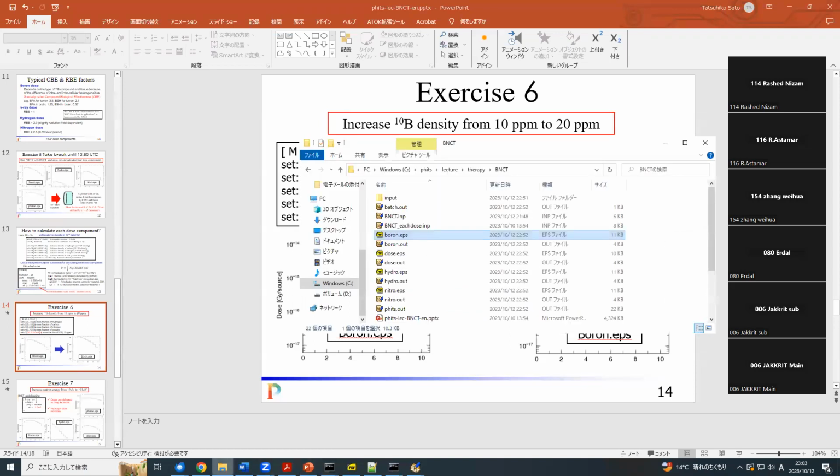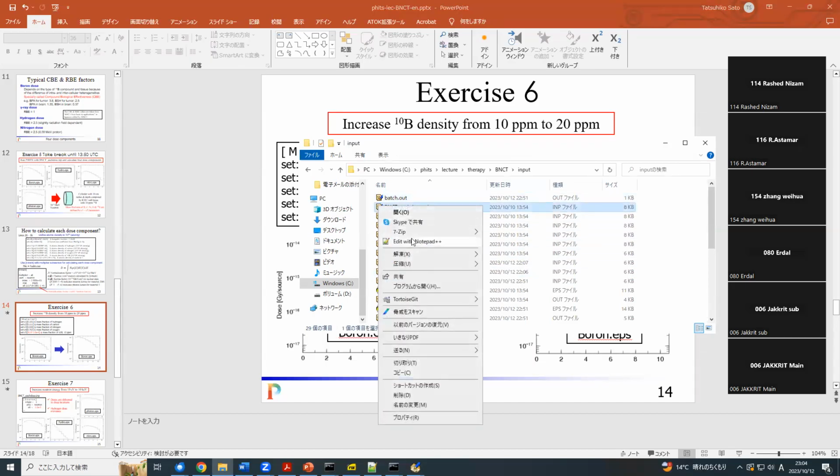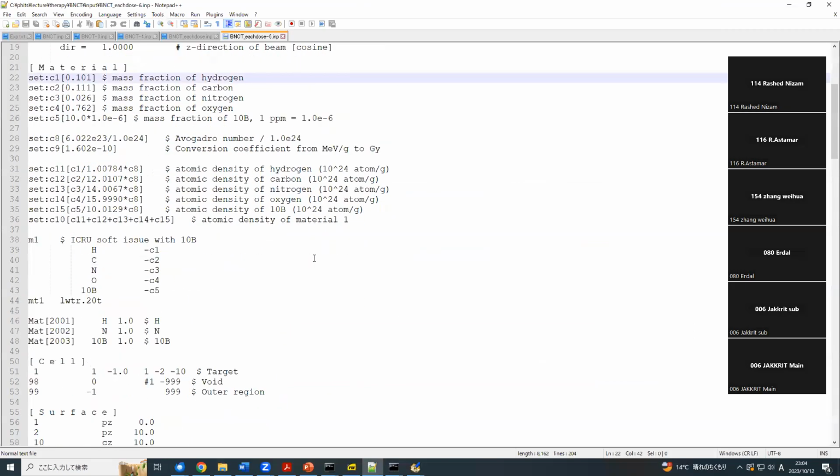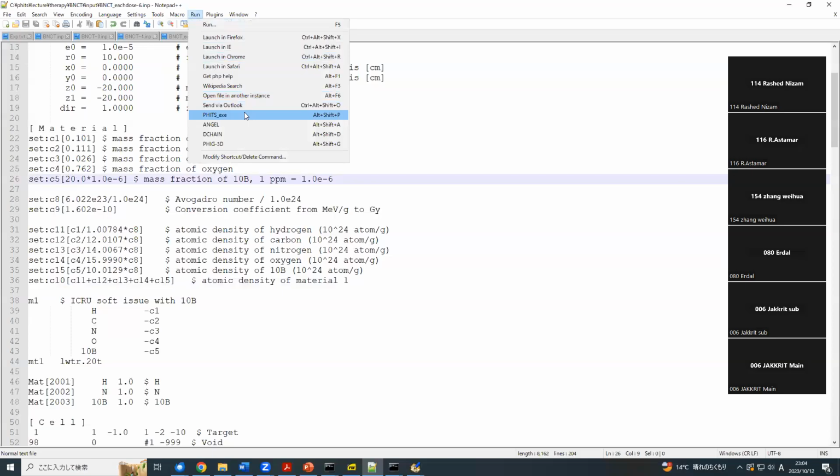Okay, so I will do it on my screen. Change the density here, C5, from 10 to 20, save, and run FITS.